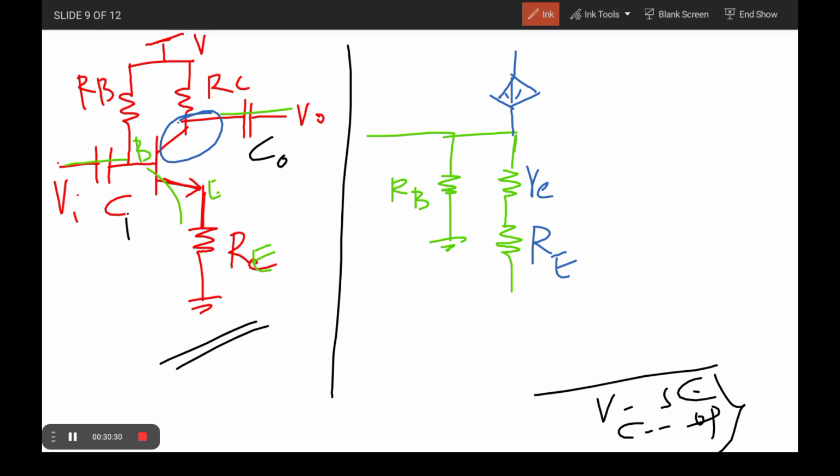Therefore, IC is equal to beta times IB, beta is equal to IC by IB. This is only internally for this part, but externally it also has some resistance RC. Therefore, you need to connect that RC to the ground also.